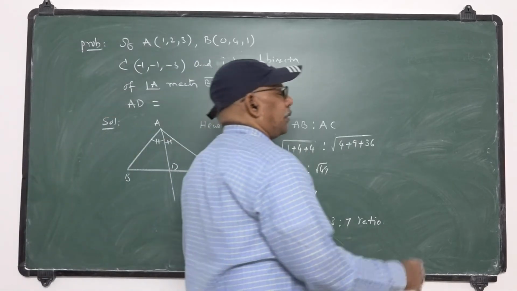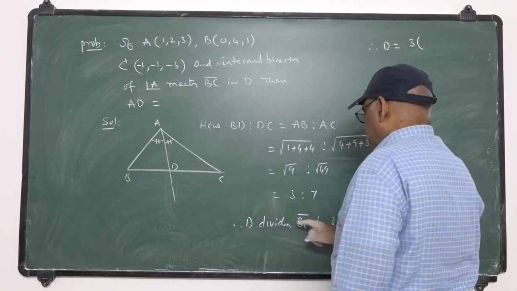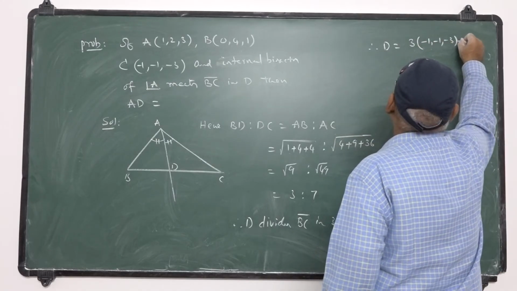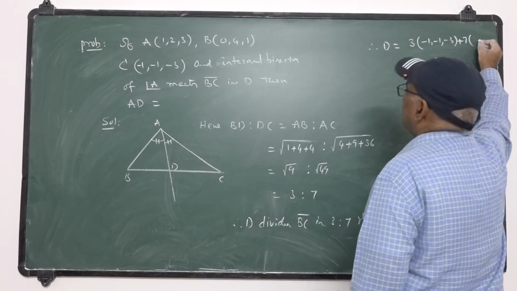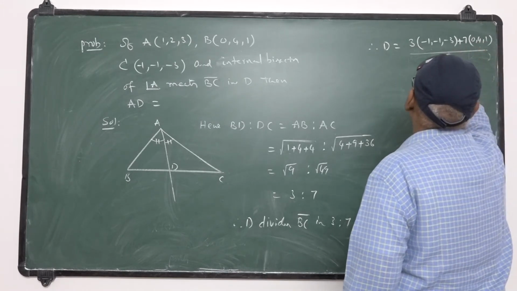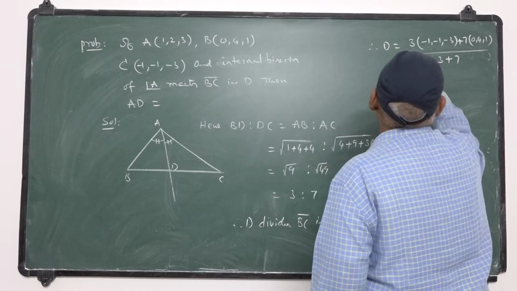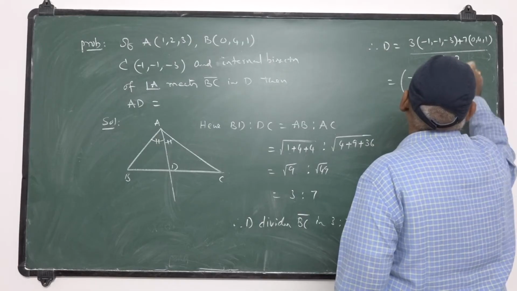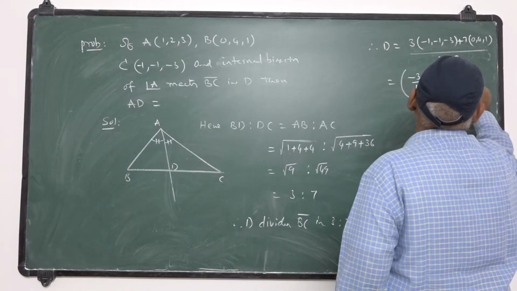So find D by the section formula. Therefore, D is 3 into coordinates of C, minus 1, minus 1, minus 3, plus 7 into coordinates of B, 0, 4, 1, divided by 3 plus 7, which gives us minus 3 plus 0, minus 3 by 10, and minus 3 plus 28, 25 by 10, minus 9 plus 7, minus 2 by 10.